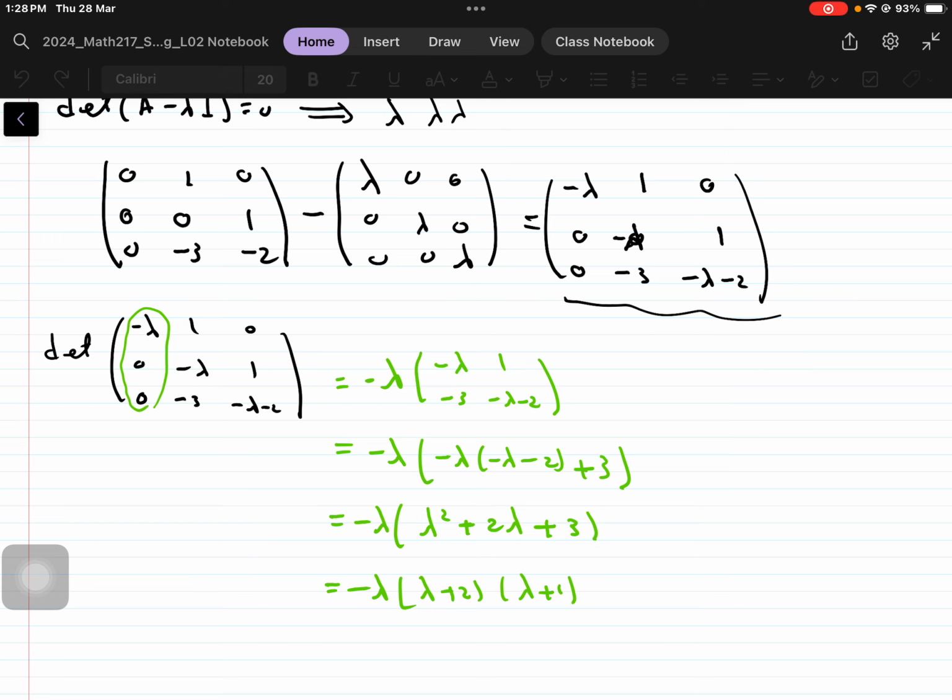Because for lambda squared plus 3 lambda plus 2, we need factors of 2 that add to 3. So lambda will equal 0, lambda will equal minus 2, lambda will equal minus 1. These are our 3 eigenvalues.